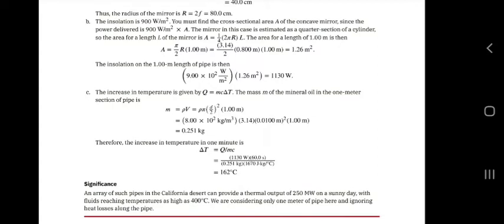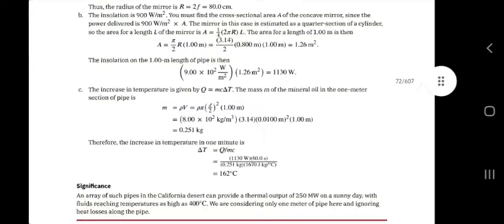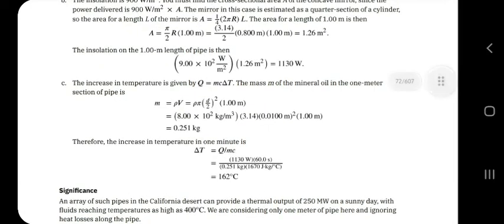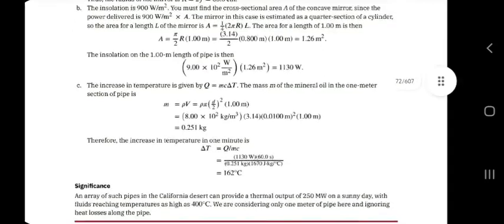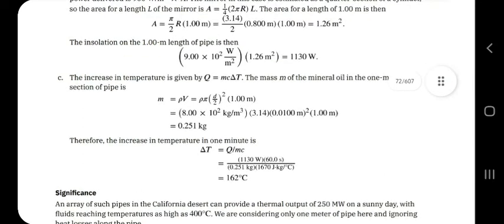So 8 times 10 squared kilogram per meter cube times ang atong constant value sa pi is 3.14, dayon times 0.0100 meter squared times ang kuan niya 1 meter. So in which we can get this, in which it equals to 0.251 kilograms. So the mass is equals to 0.251 kilogram.